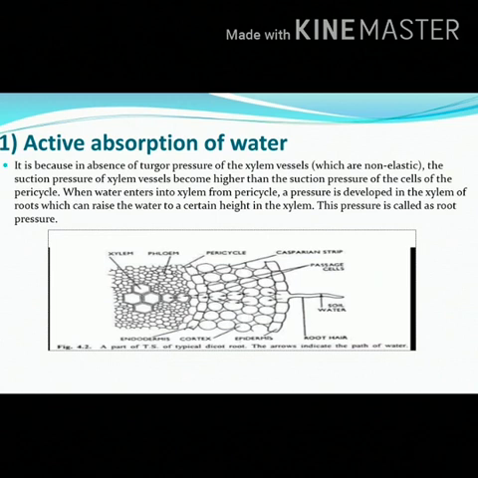Look at the diagrammatic representation which shows a tier of a typical dicot root in which the arrow indicates the path of water. Initially soil water comes in contact with root hairs, and in root hair due to osmotic gradient, that is osmotic diffusion, water comes into root hair cells, from root hair to cortical region, from cortical region to endodermis, from endodermis to pericycle, and from pericycle to protoxylem and then metaxylem.